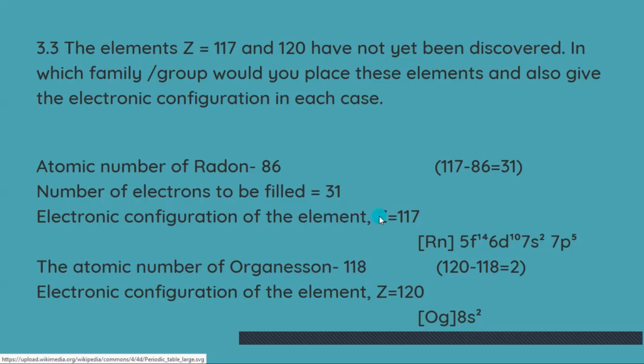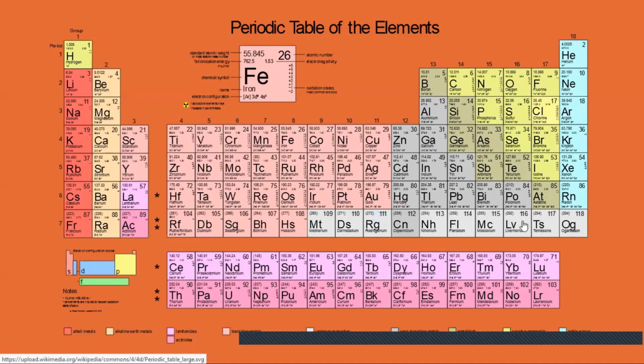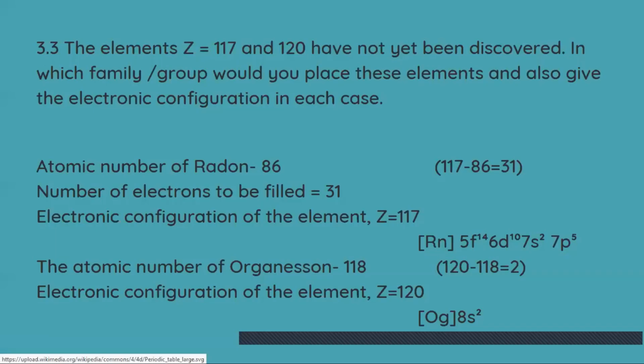So 117 is actually here, which is tennessine. The atomic number of radon is 86. That's the noble gas before 117. So 117 minus 86 is 31, which means the number of electrons that have to be filled is 31. So the electronic configuration would be 5f14, 6d10, 7s2, and 7p5.